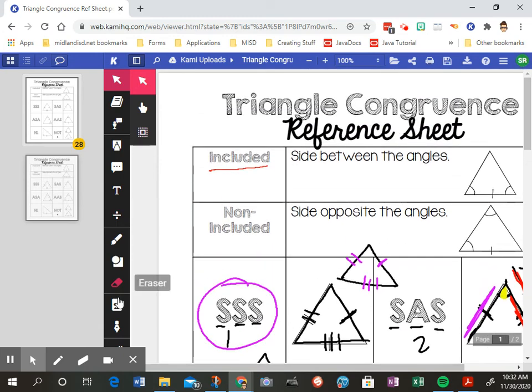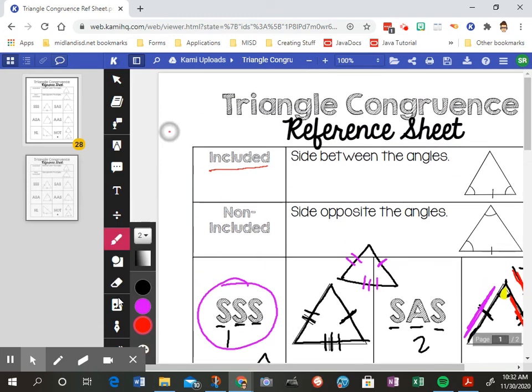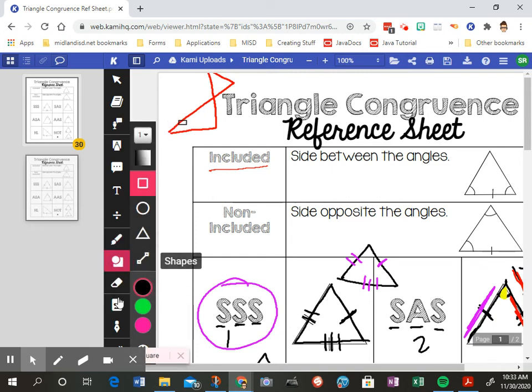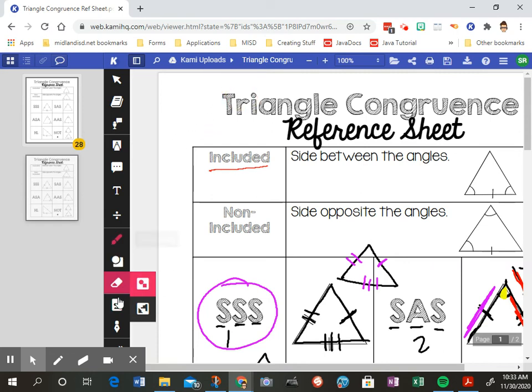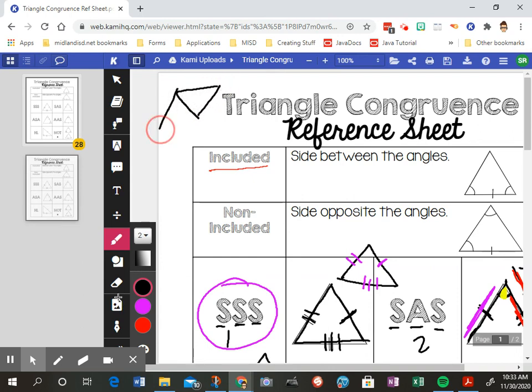So what if I drew a picture like this? No, wrong picture. I'm going to change to black. Here's a triangle. Here's another triangle. And we can't just add things in. What if I said this side is equal to this side? This side equals this side. It's congruent to that side.